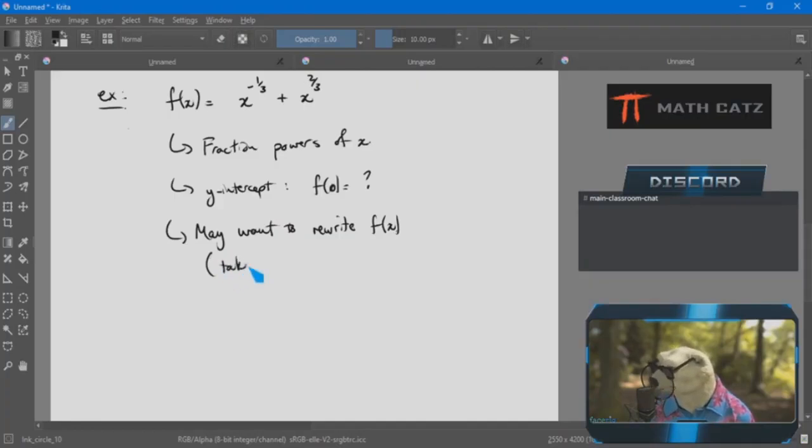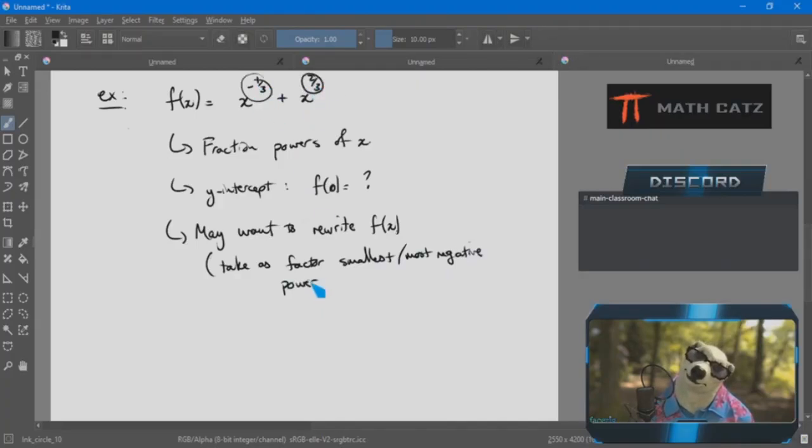I'm going to take out, as a common factor, the smallest, or most negative, smallest on the number line, power of x. If you think about these powers of x sitting on the number line, which one is further to the left? It's negative 1/3. That's the one I'm going to take out.